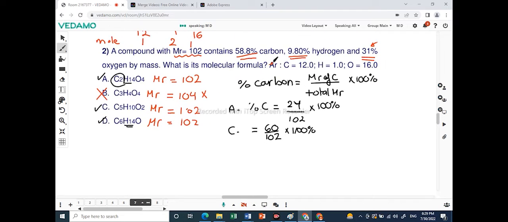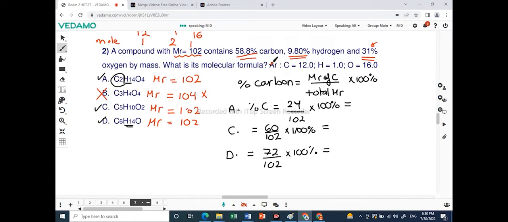So I have 6 carbons presented. 6 times 12 is 72, divided over 102, times 100%. I will try to apply a little bit of math, and I will think about the final answer maybe in a simple way.